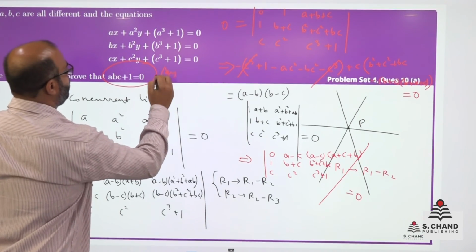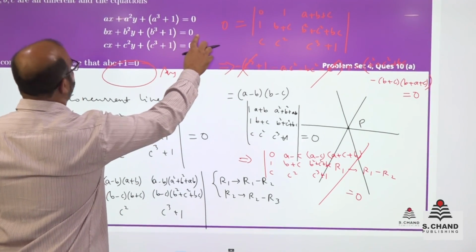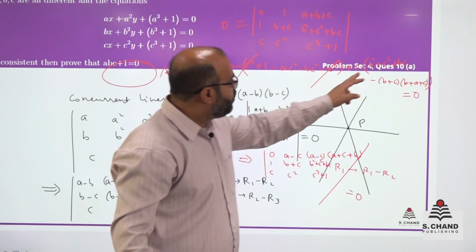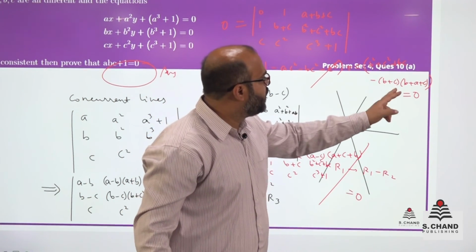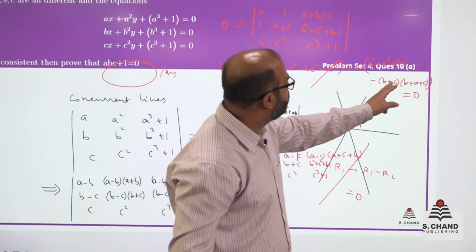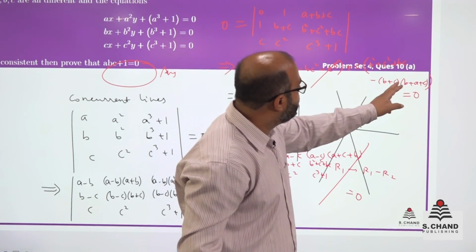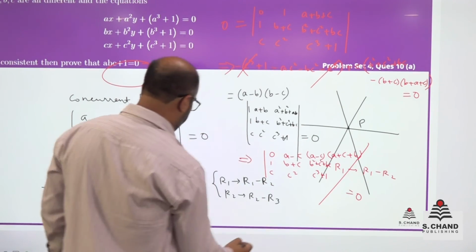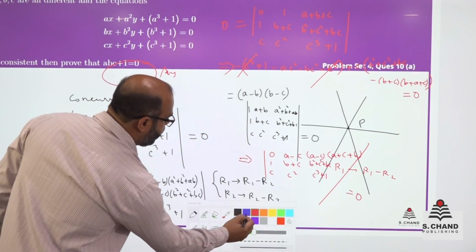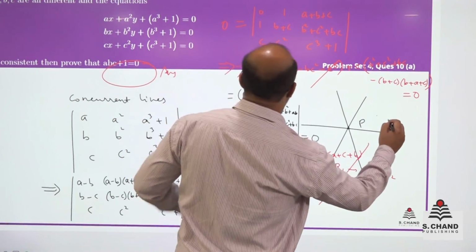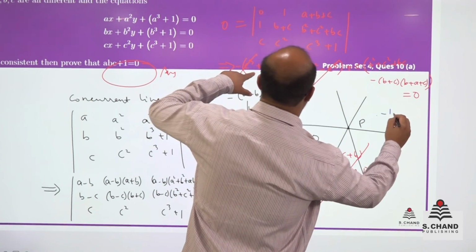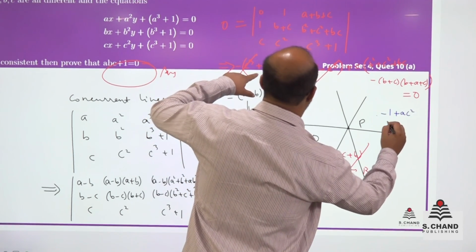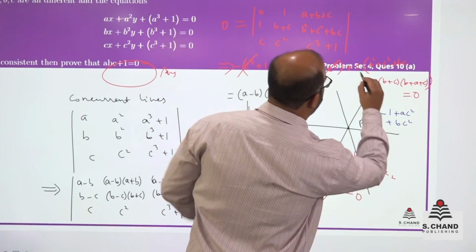There is not enough space to calculate further, so I am leaving it to you. When you multiply, many terms will cancel, like B square, C square, BC will cancel. Let me try to do it in whatever space we have. So minus 1 plus AC square plus BC square.